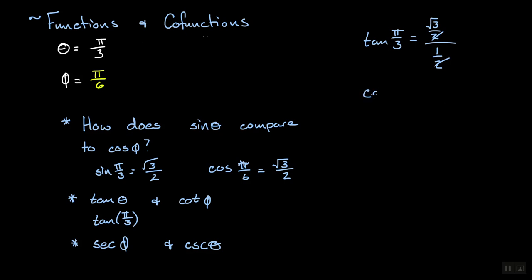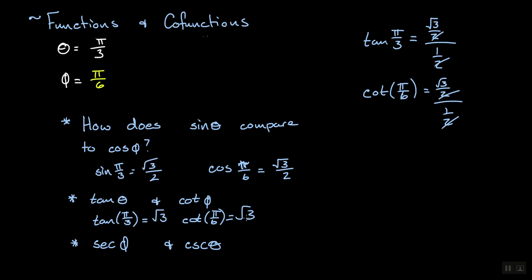Okay, I want you guys to do the same thing for the cotangent of pi 6. This time it's x over y, right? Huh. So that's root 3. And the cotangent of its complement, pi 6, was also root 3.